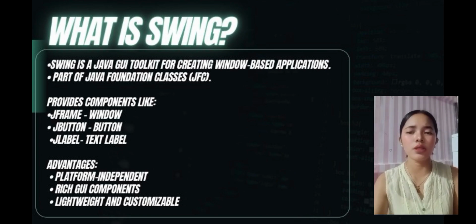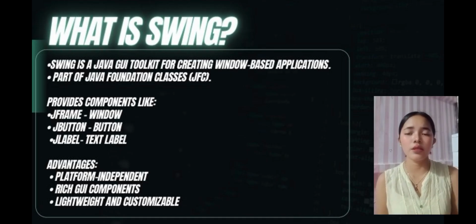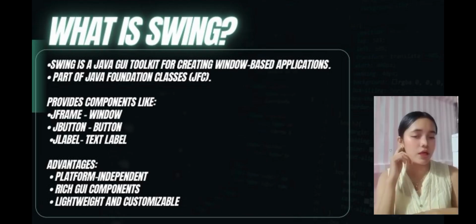So let's look at the advantages of Swing. The first advantage is that it is platform independent, which works on Windows, Mac, and also Linux. The second one is rich GUI components. This has many ready-to-use elements: buttons, menus, and tables.